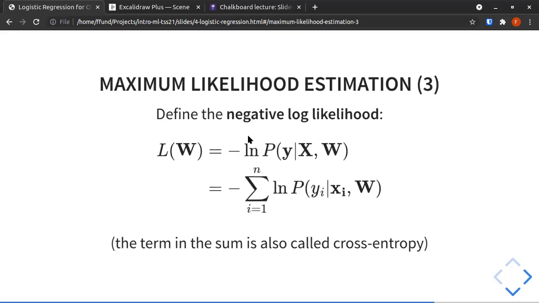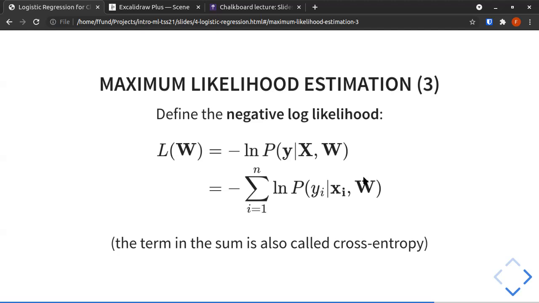And this is what's known as the negative log likelihood. So we're going to define the negative log likelihood, L of W, as minus log of the probability of observing a vector Y given X and some W, which is equal to minus the sum of the logs of the individual probabilities of observing individual points. And this expression here is called the cross entropy, by the way.